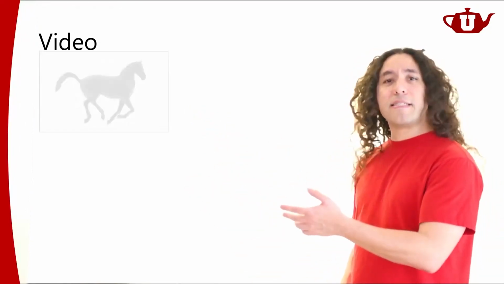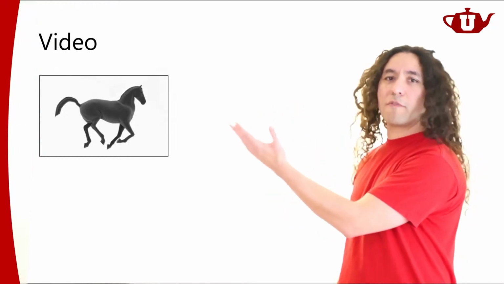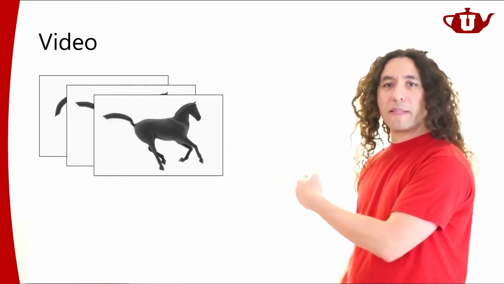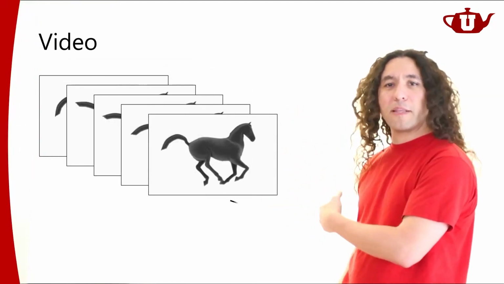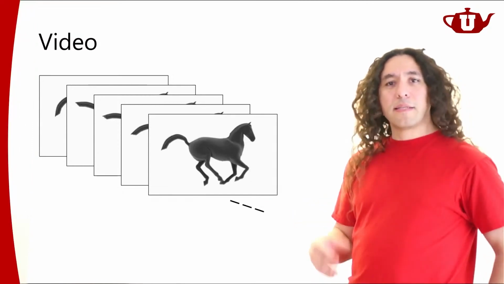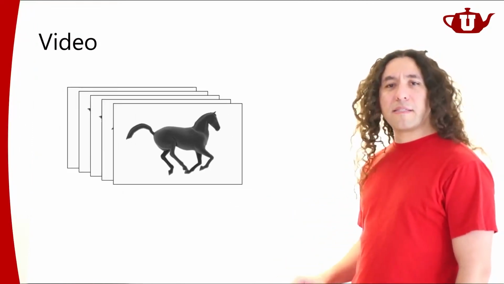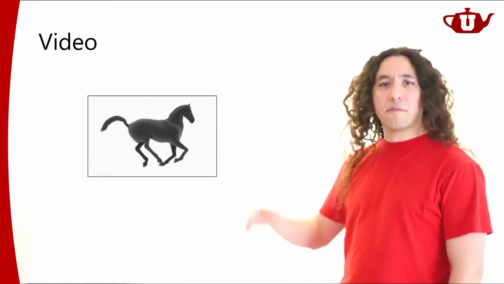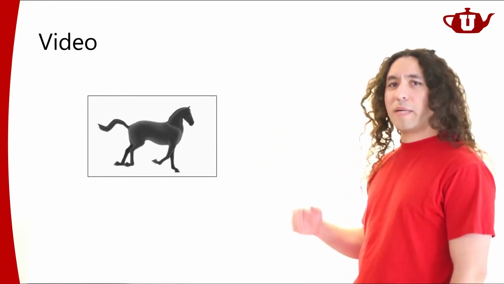You can think about a video as a series of frames. There's one frame, and then another frame, and another frame, and so forth. When we display these frames one after the other, we get something that is apparently moving.